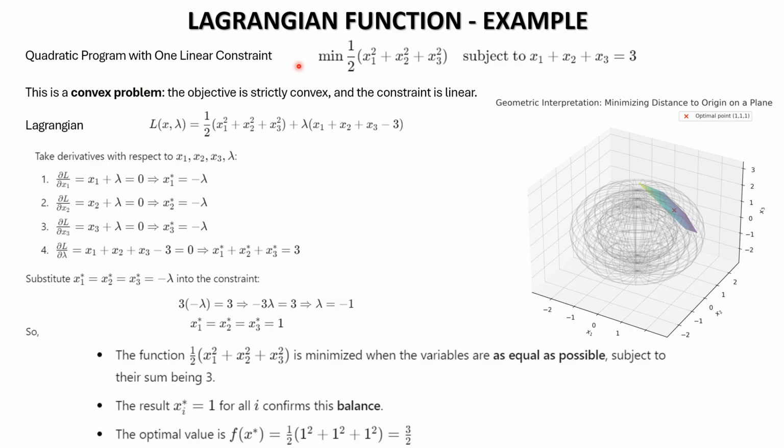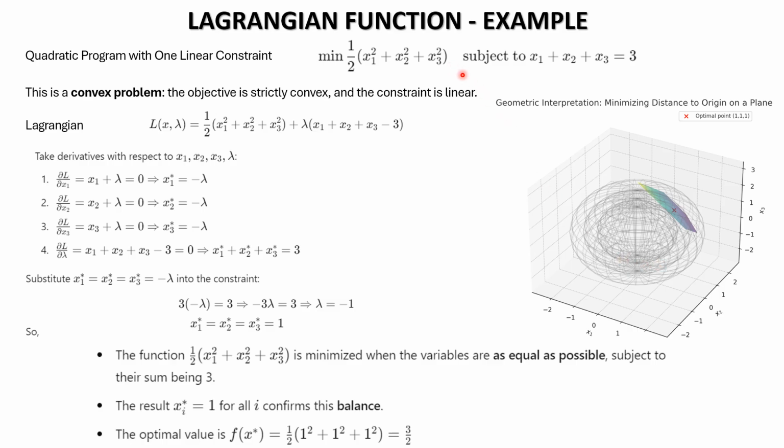So we need to minimize the function 1 over 2 times x1 squared plus x2 squared plus x3 squared. And here these gray spheres represent the level sets of the objective function, growing outward from the origin.